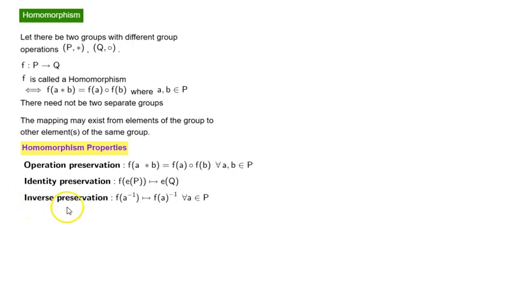Similarly, inverses are preserved. So F of A inverse maps to F of A, inverse, for all A in P. Now, there are different types of homomorphisms. So let's look at them.